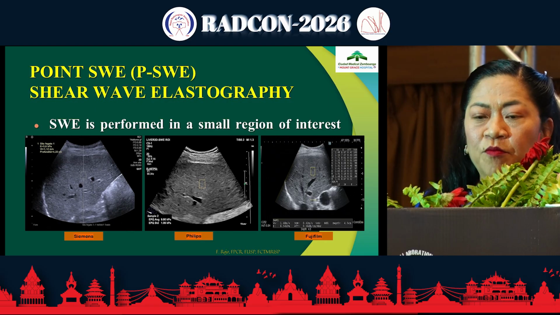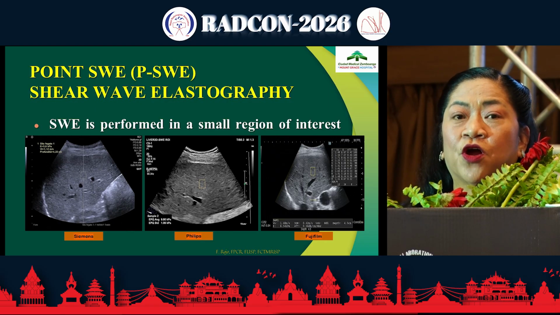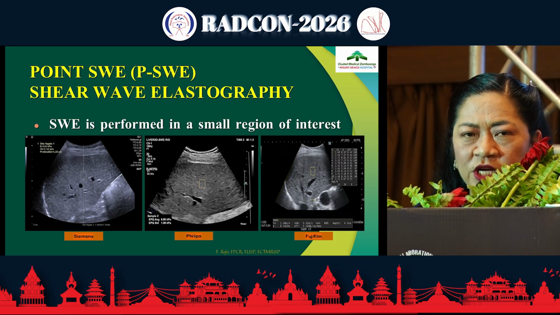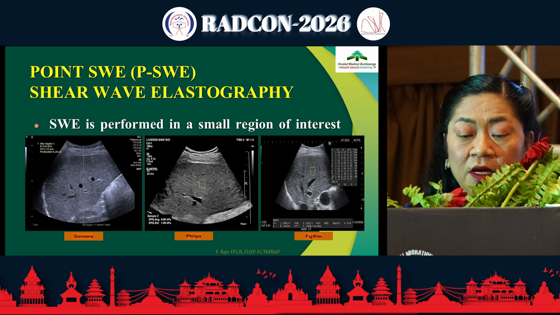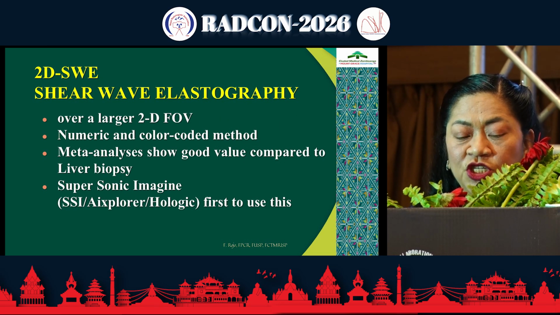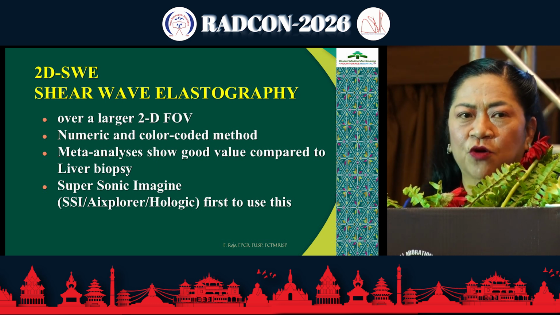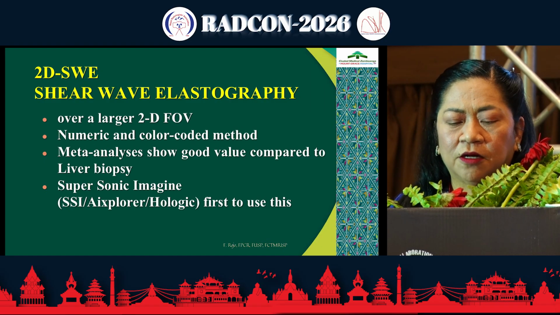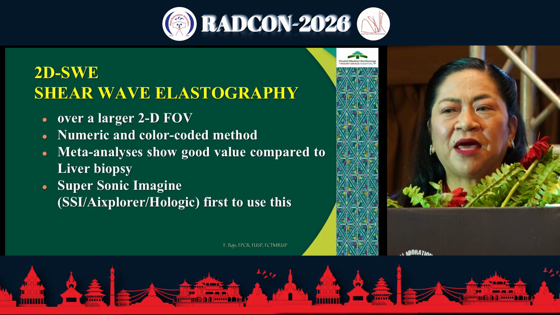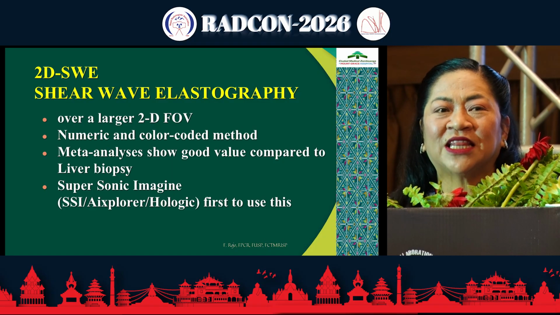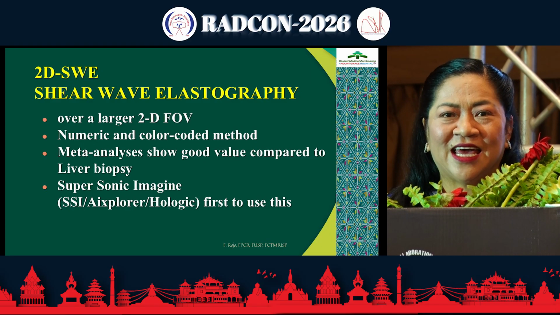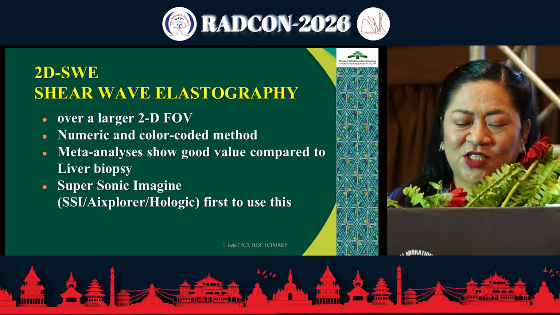And then this false positive occurs for all, for FibroScan, for point shear wave, and also for 2D shear wave. But 2D shear wave appears like this. Although 2D shear wave and point shear wave may have similar, good results, maybe 2D shear wave might have a bit of difficulty in performing it, and the point shear wave is so easy to do.